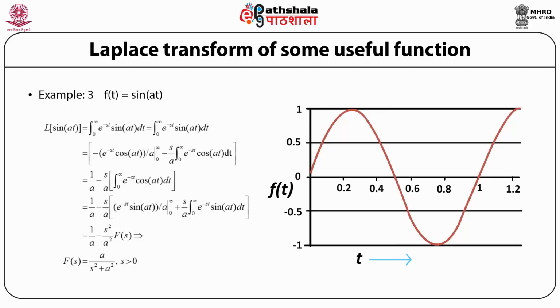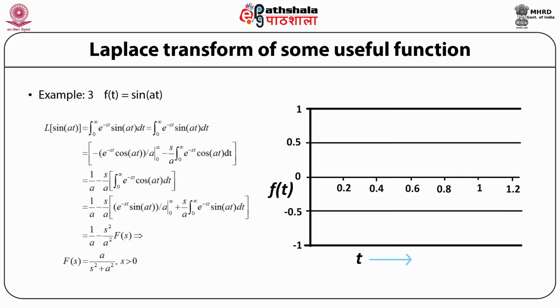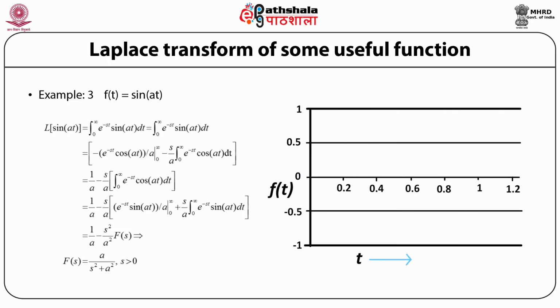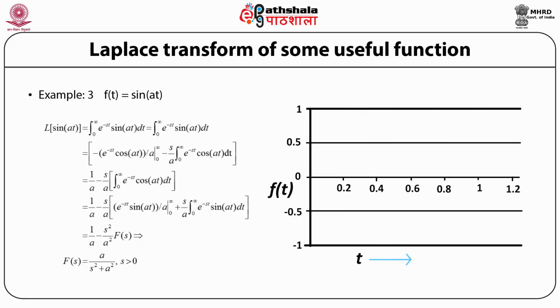We already have a sine integral for which we need to find the integration, so we can take it to the other side. Then you will get 1 plus s squared by a squared times f of s is equal to 1 by a. So therefore f of s will be equal to a divided by s squared plus a squared, s greater than 0.